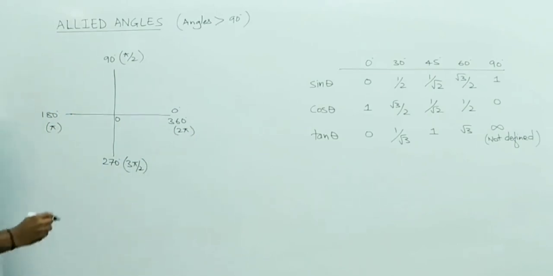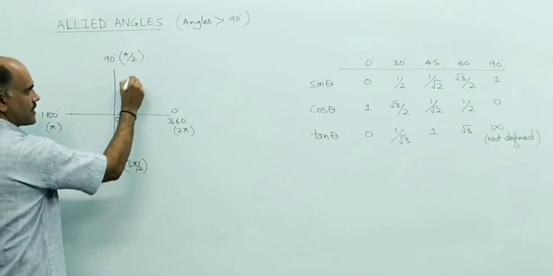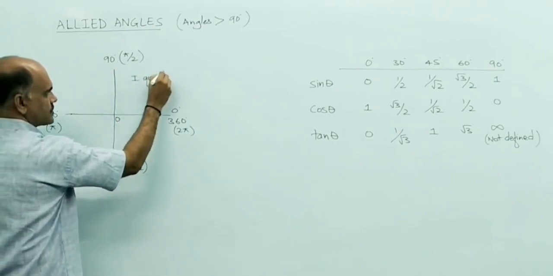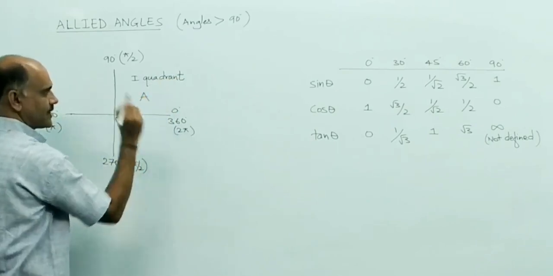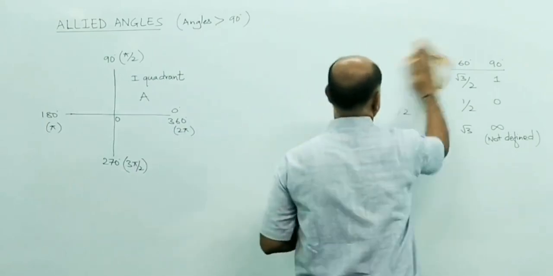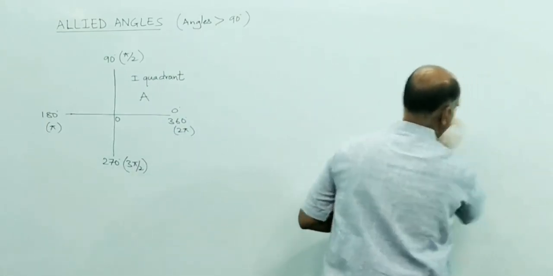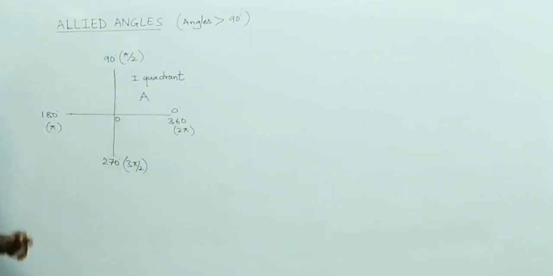So there is a rule called ASTC. This is first quadrant. Here we take A. A denotes all functions are positive. That is sine, cos, tan, cot, secant, all are positive.